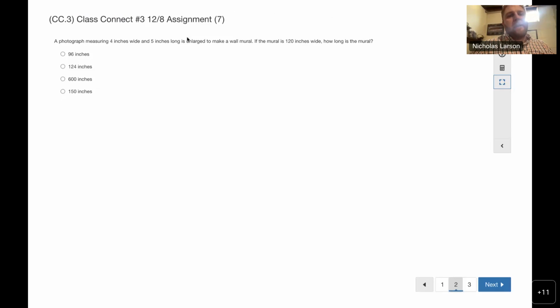Inches wide by inches long. This would be a fraction. 4/5 equals 120 over X. And you can solve that.